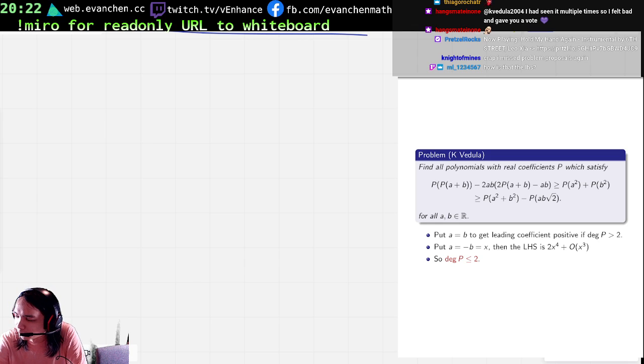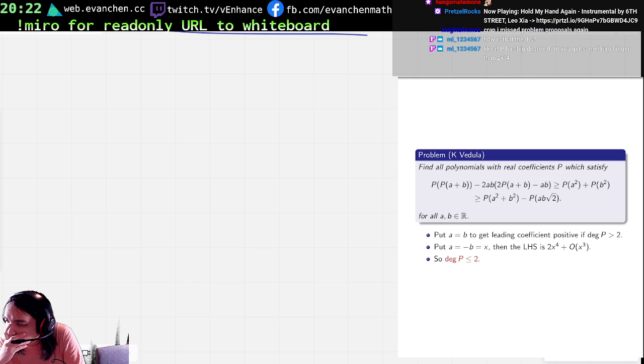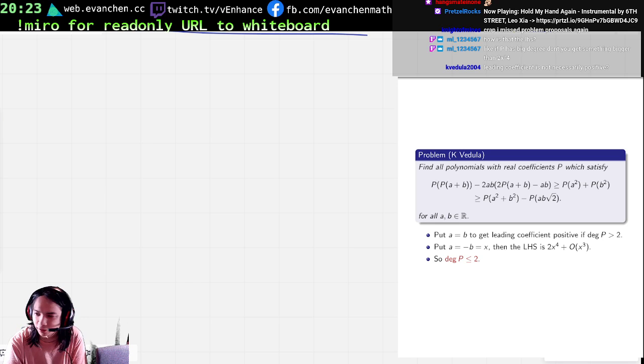So we can conclude degree p is at most 2, but I don't know if we can conclude right away that degree p is... I agree leading coefficient is not necessarily positive.